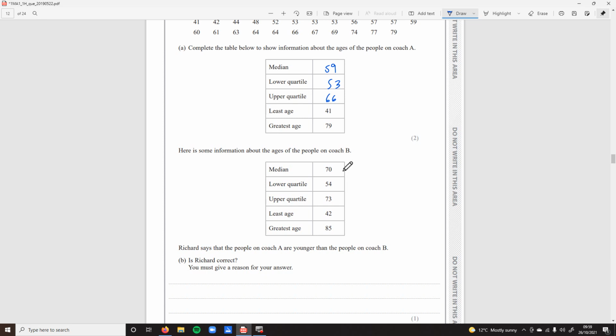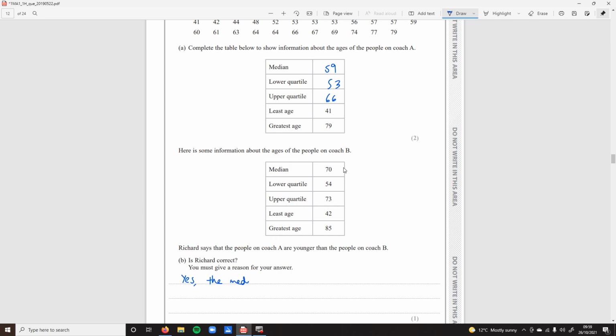Oh my god. Okay. The median is a lot lower on coach A. The lower quartile, however, is not. But the upper quartile is. I think yes. I think we can say yes.